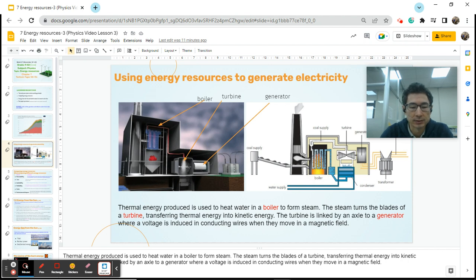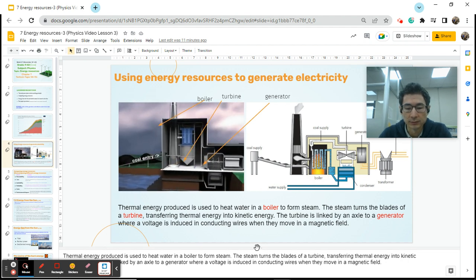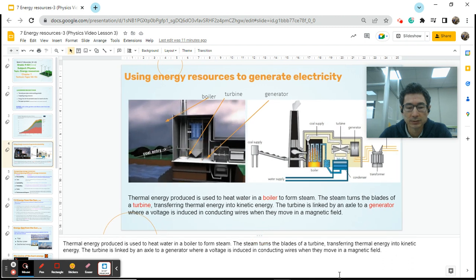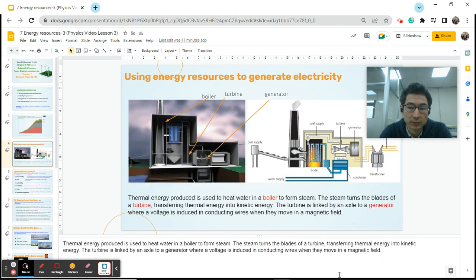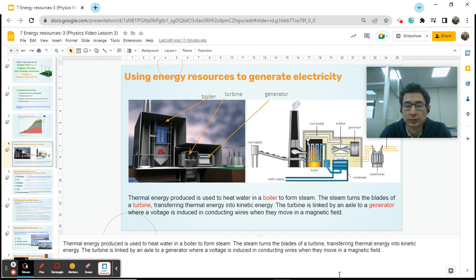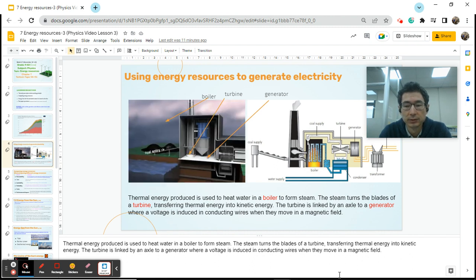These are usually the same for most of the power stations. Just the fuel is changed. The fuel can be fossil fuel or nuclear radioactive elements like uranium, thorium.